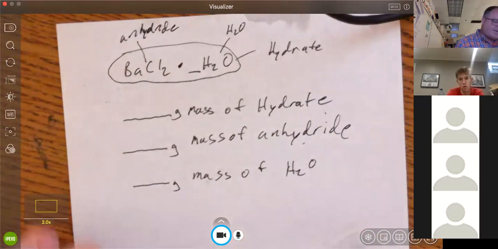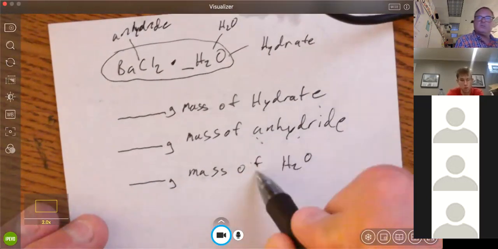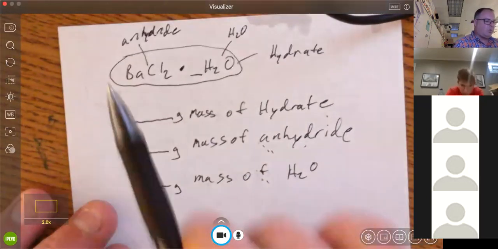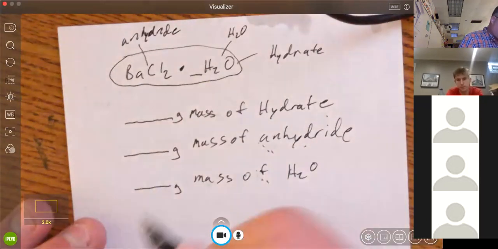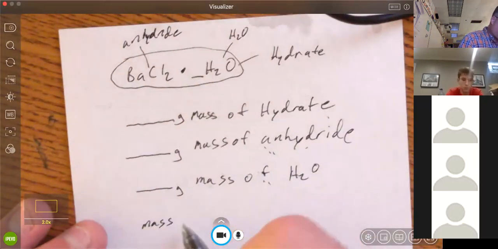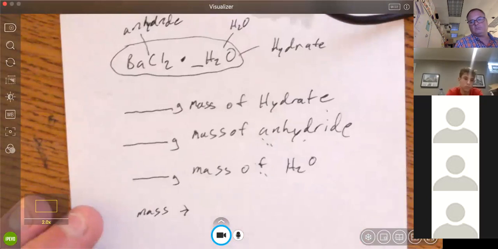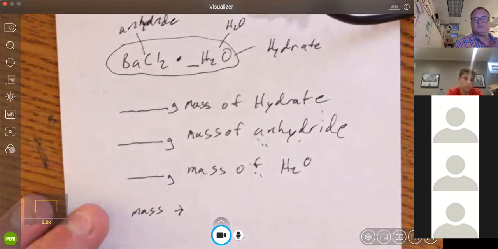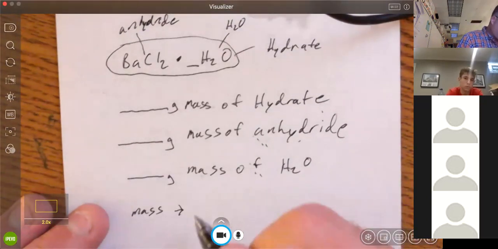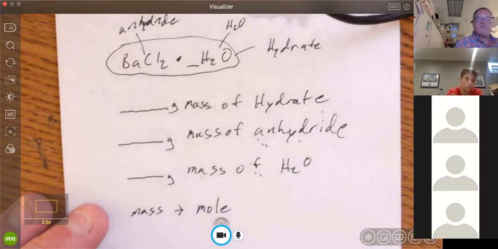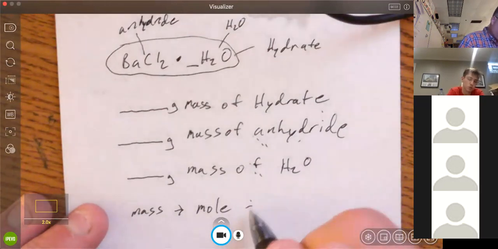So now we have the mass of both of these. But how are we going to find the mole ratio of that? Well, we change the mass to what? Moles. And then we divide each one by what? Smallest. You got it.